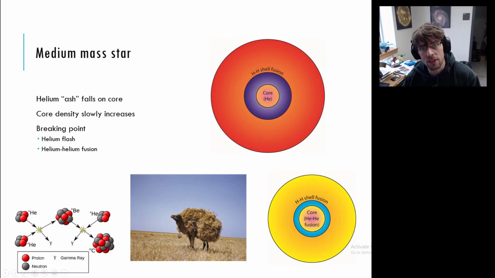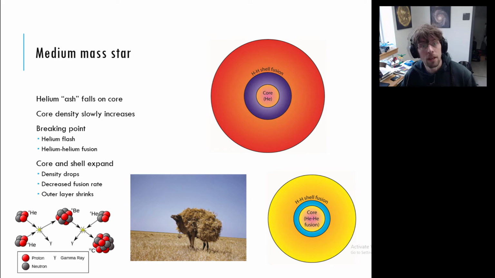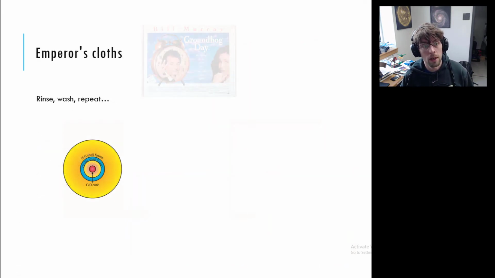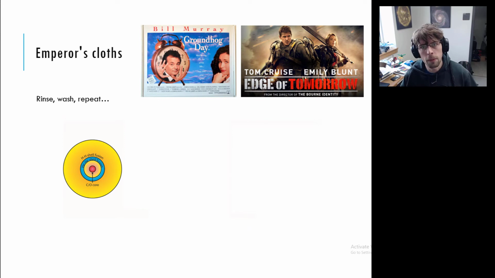The fusion center of the star expands, and because of that, the temperature of the outer layer actually drops, and the star gets slightly smaller. If you've got this, and I say pause here, go back and review the last half an hour, but if you've got this, then you're ready to go for the rest of this. Now, I'll say, what happens next? Say, rinse, wash, and repeat.